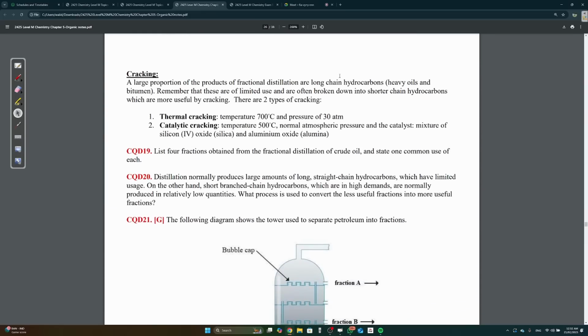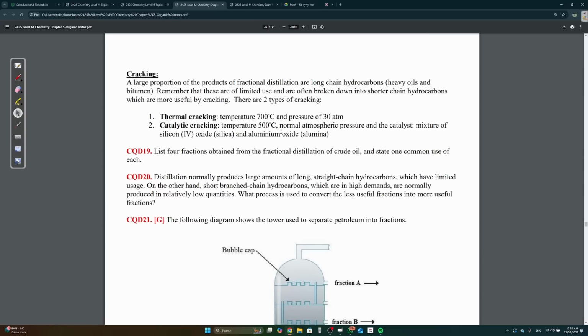So what happens when it's a long chain hydrocarbon? What do we always do? We do cracking. We break it down because we want it to be smaller. There are two types of cracking: thermal cracking and catalytic cracking. Catalytic cracking is the one we spoke about for alkanes, and is the one that needs a catalyst, like silicon oxide and Al2O3.